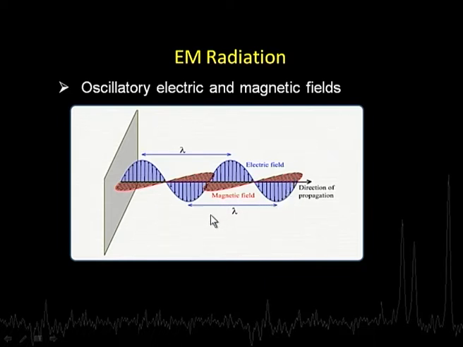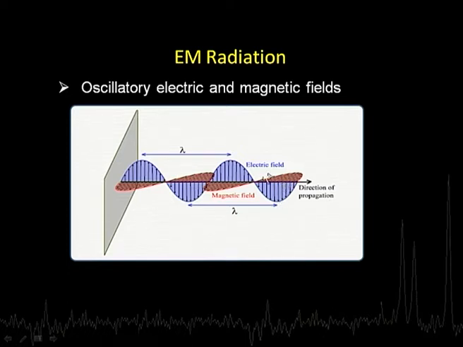One oscillatory field shown in blue is this. That means there is an oscillation in the y dimension or z dimension as the case may be, because suppose I take this as the x dimension, this is in the z dimension. And on the y dimension, the dimension perpendicular to this blue thing, we have an oscillatory field over there. So, this is my oscillatory electrical field, this represents my oscillatory magnetic field.